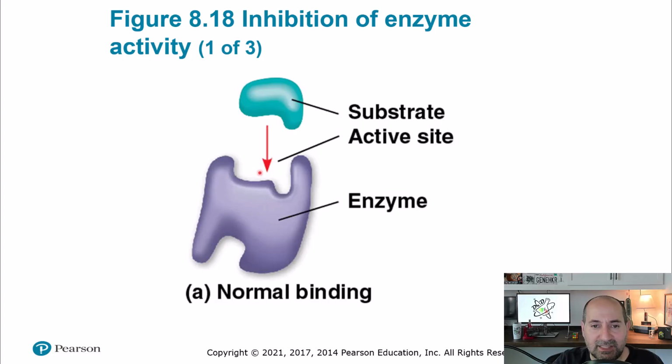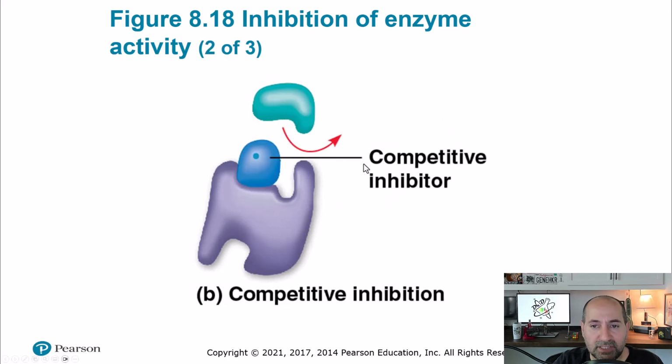And then this is the active site, which accommodates the substrate. That's normal, right? But a competitive inhibitor mimics the substrate, but it is not the substrate. It's just an inhibitor. Notice what the inhibitor did. It kind of got in there and blocked access to the normal substrate.